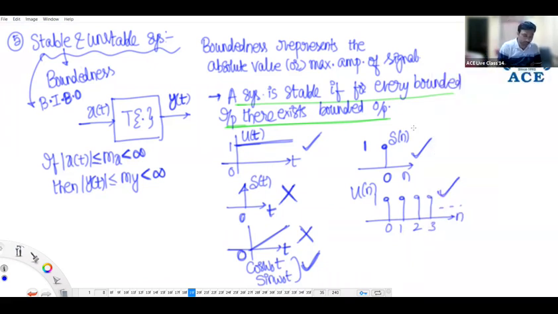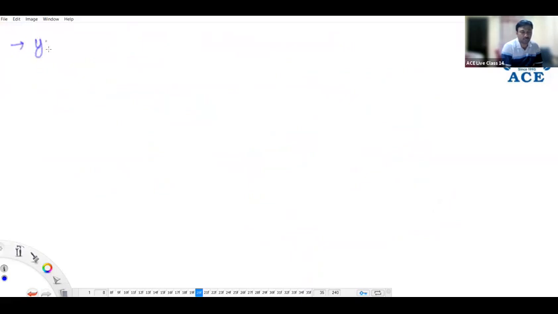Okay, let us take some examples here. y(t) equals x squared(t), the system is a squarer. Stable or unstable? Yes or no, only type that.